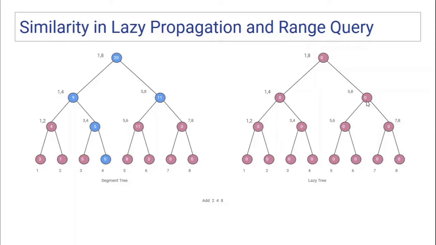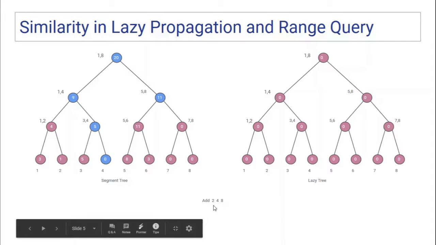That means you have to add 2 in the range 5 to 8. So all of these elements need to be added by 2. So let me show you what happens when there is a query add 2 to 4 8. That means add value 2 in all of the elements from range 4 to 8. So 4 to 8, all of these values will be incremented by 2.